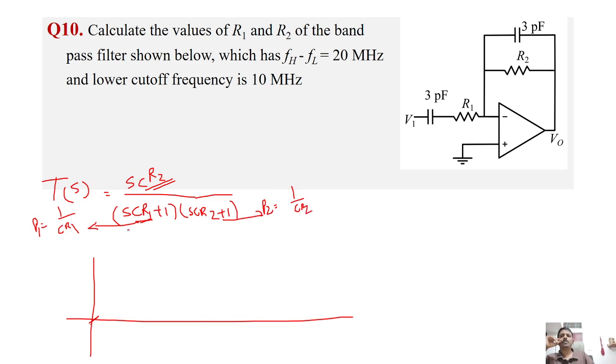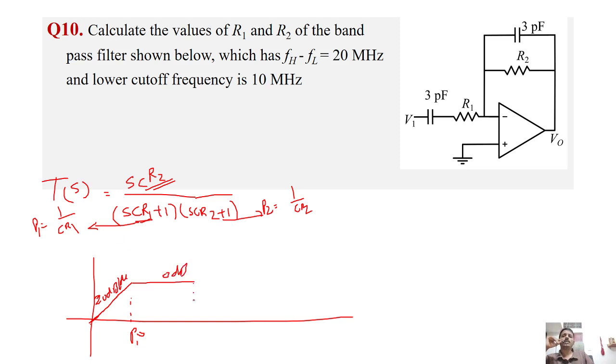Till that pole, either P1 or P2, the response will be increasing at 20 dB per decade. At the particular pole, we don't know whether it is P1 or P2, we just need to determine that. Say for example Pi, at that Pi, it will create a minus 20 dB, and it will become 0 dB per decade, and that is the passband.